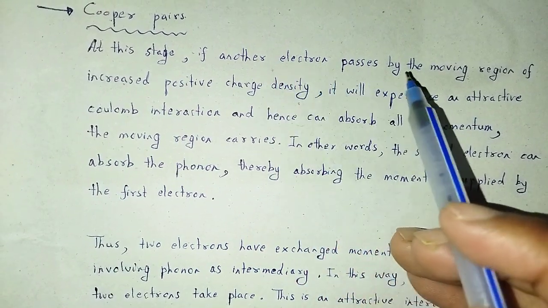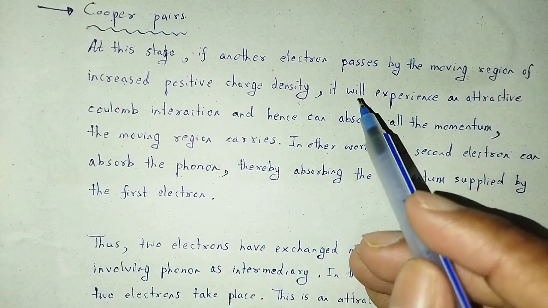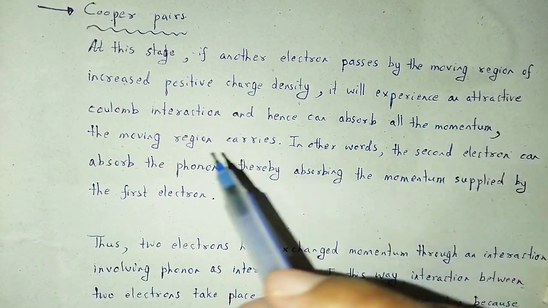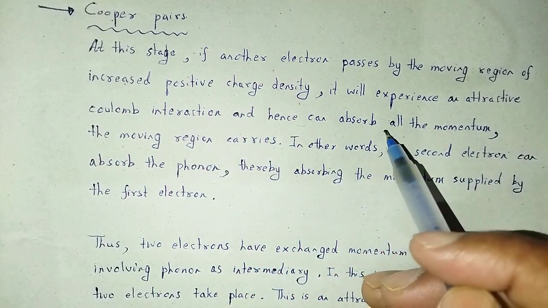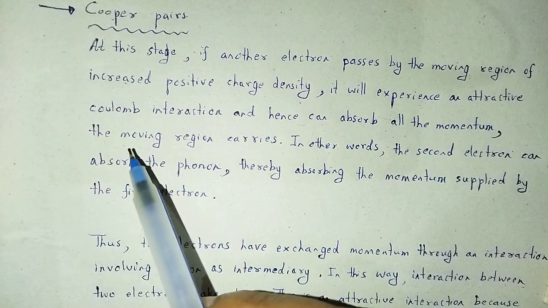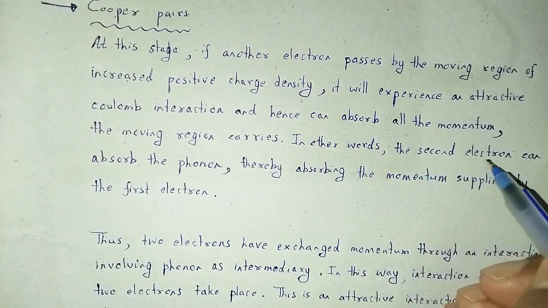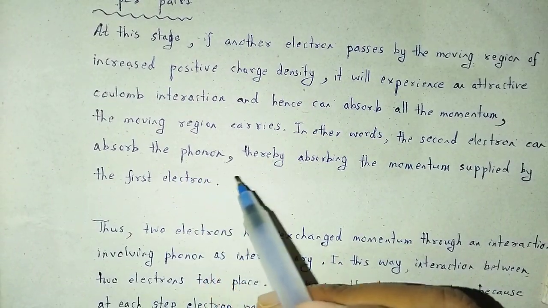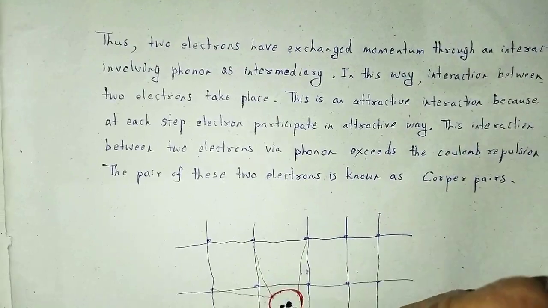If another electron passes by the moving region of increased positive charge density, it will experience an attractive Coulomb interaction and hence can absorb all the momentum the moving region carries. In other words, the second electron can absorb the phonon, thereby absorbing the momentum supplied by the first electron.